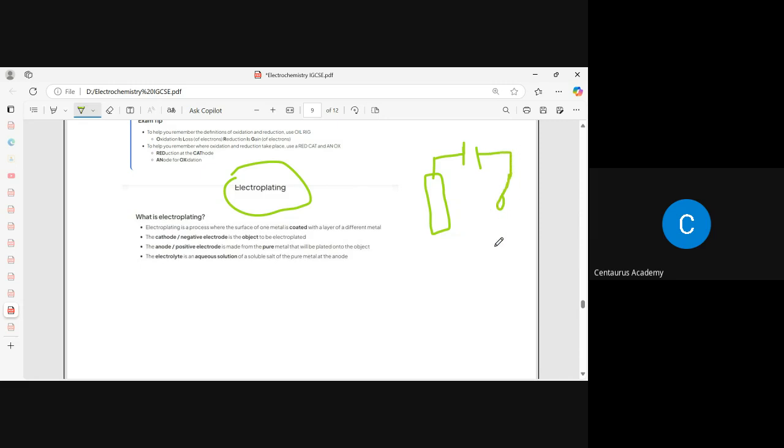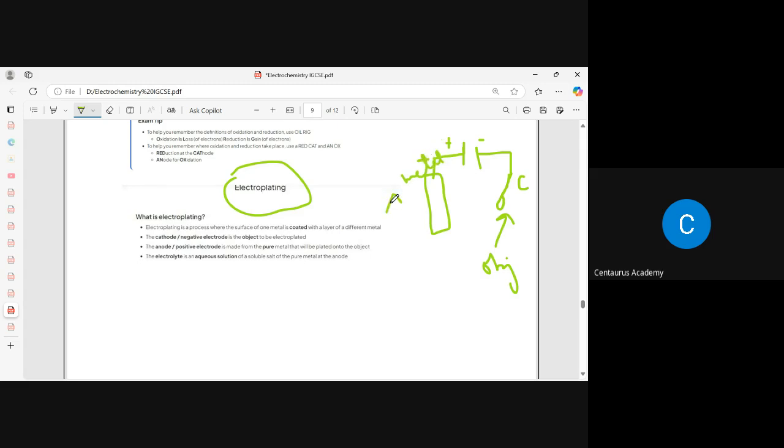The object which has to be electroplated is always on the negative terminal of the battery, or you can say that it is always the cathode. And the metal which has to be deposited onto this object is to be placed at the anode.